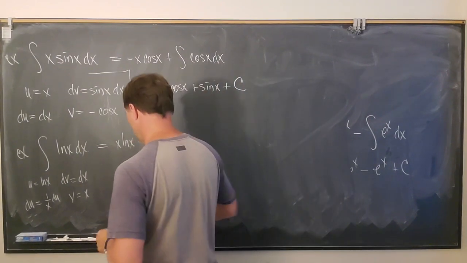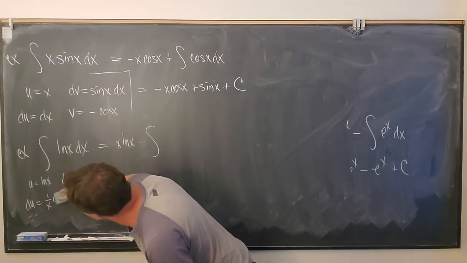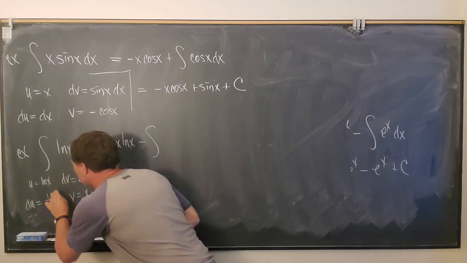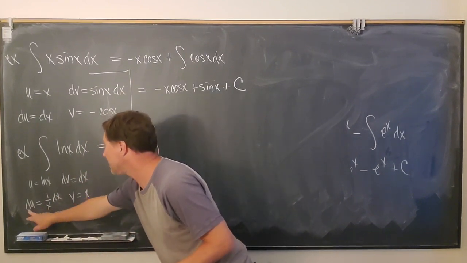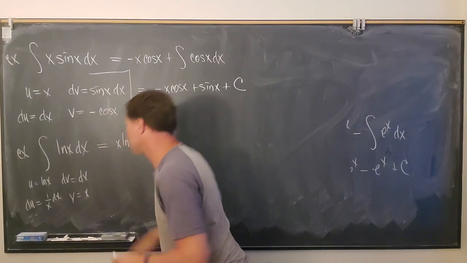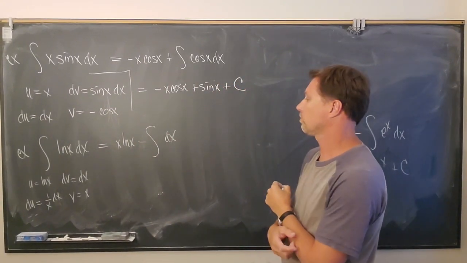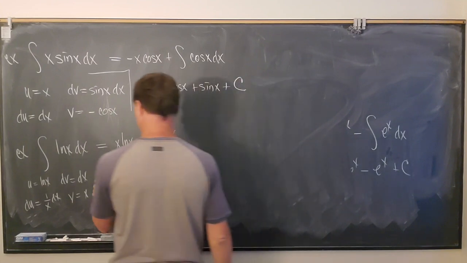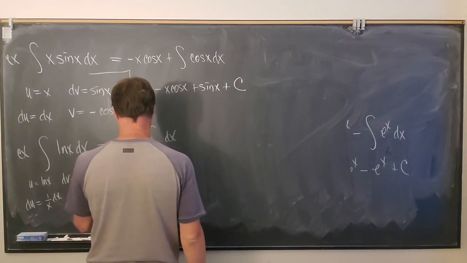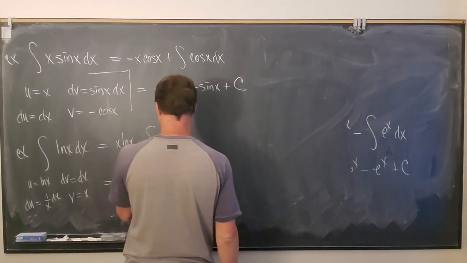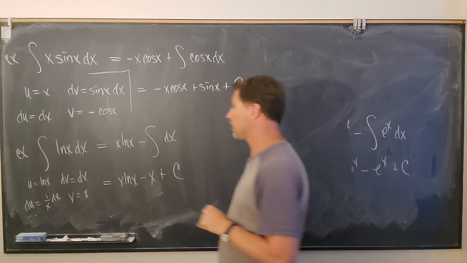Sorry, I made one mistake here. That should be a 1 over x dx. And so now when I multiply du times v, that's going to just leave us with a dx. And so now we get x natural log of x minus x plus c as the final answer.